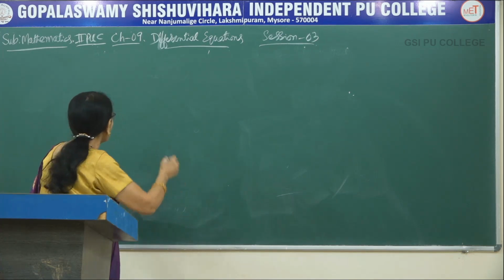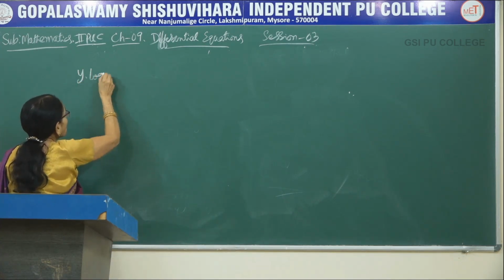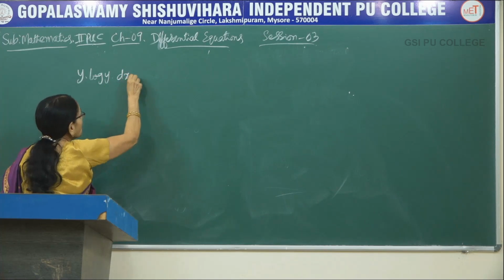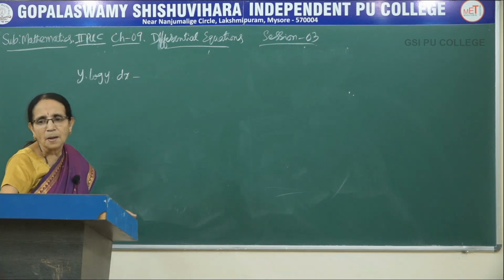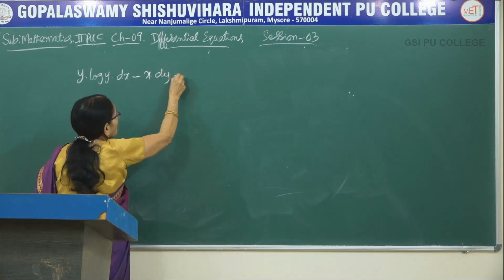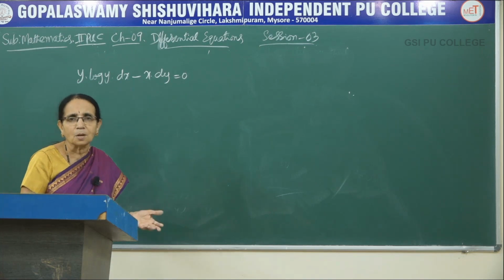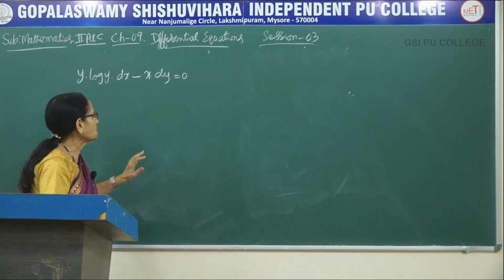Take the next problem. Here it is y into log y into dx minus x into dy is equal to 0. When the right hand side is 0, it is easier to do the division. Look at the terms here.